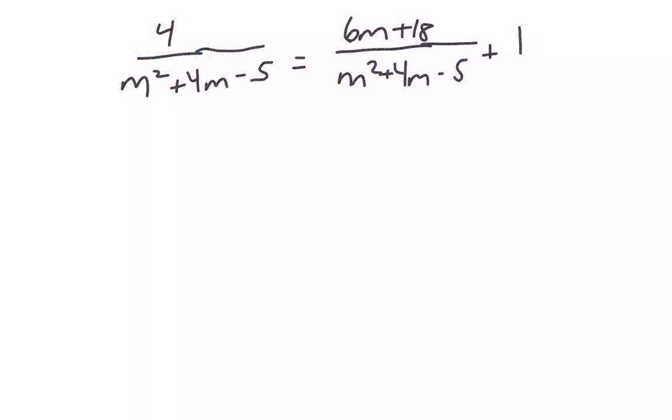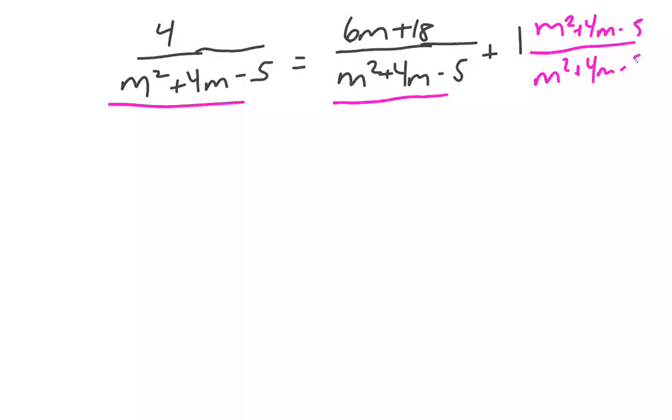All right, last one. I already have the same denominator in 2 of my fractions, so I'm just going to cut to the chase and multiply 1 by m squared plus 4m minus 5.